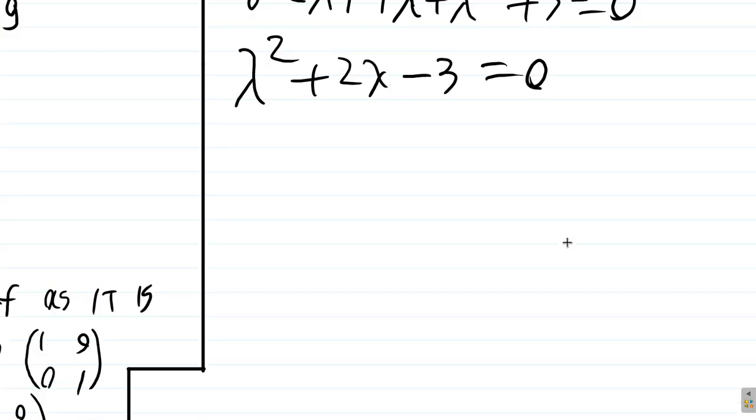Now, we need to solve it to find lambda. Can we use factorization? It's hard to remember the quadratic formula, you know. You might not be given that formula on the formula sheet.